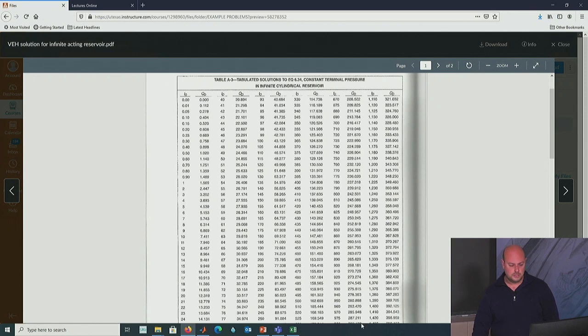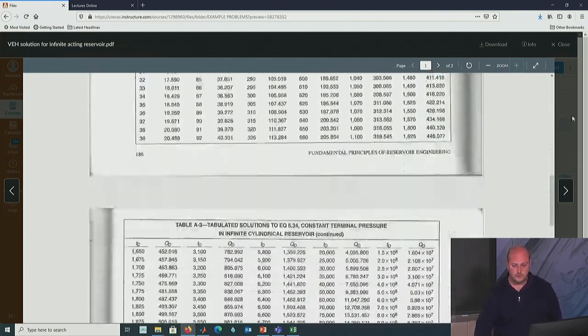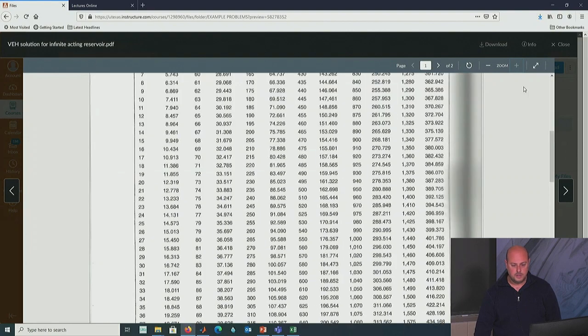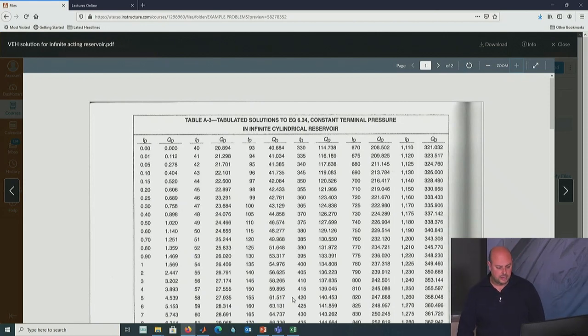This is a little small, so I'm going to blow it up. If you're at infinite acting flow, and you can calculate whether your TD is small enough to be infinite acting flow, then for a given TD, you can come across and find QD or WED.